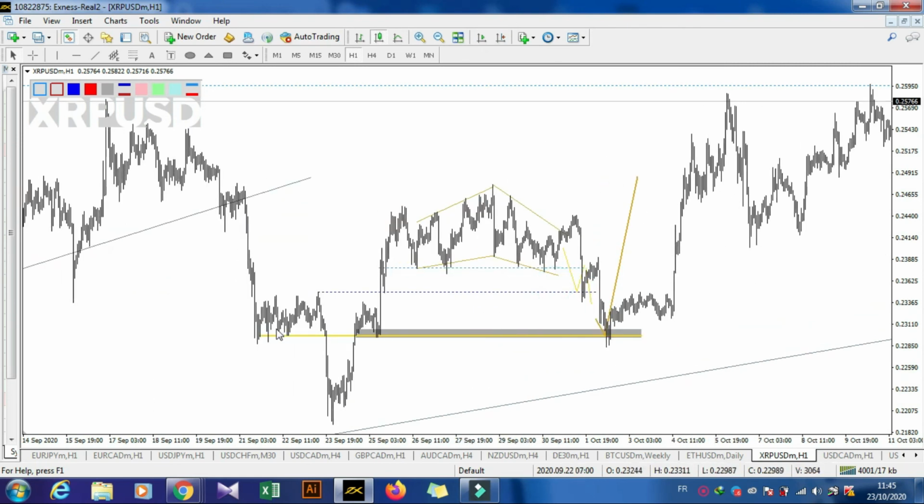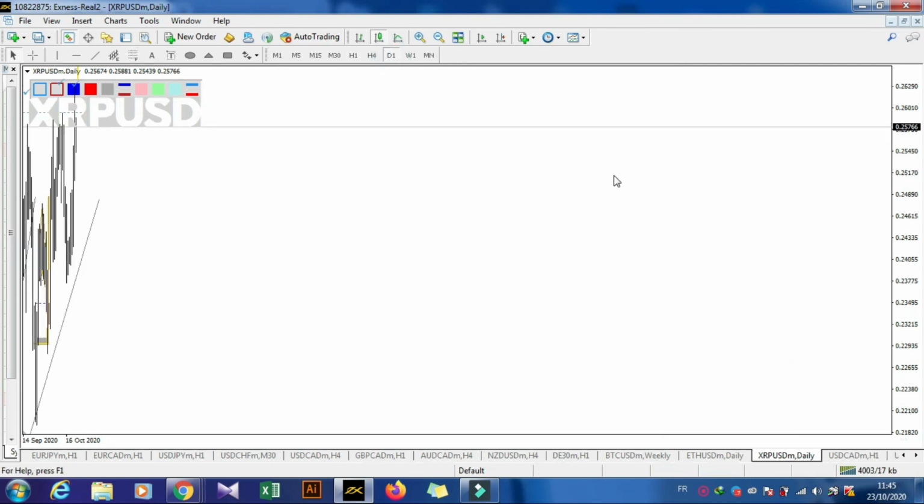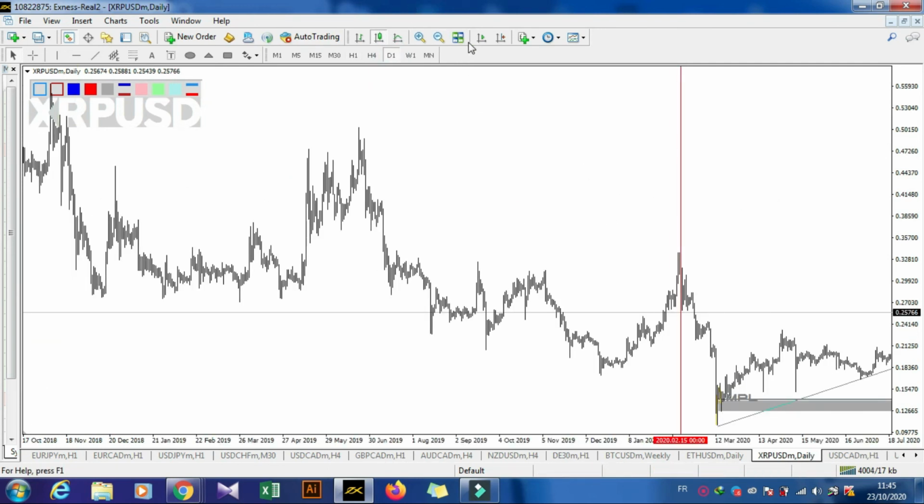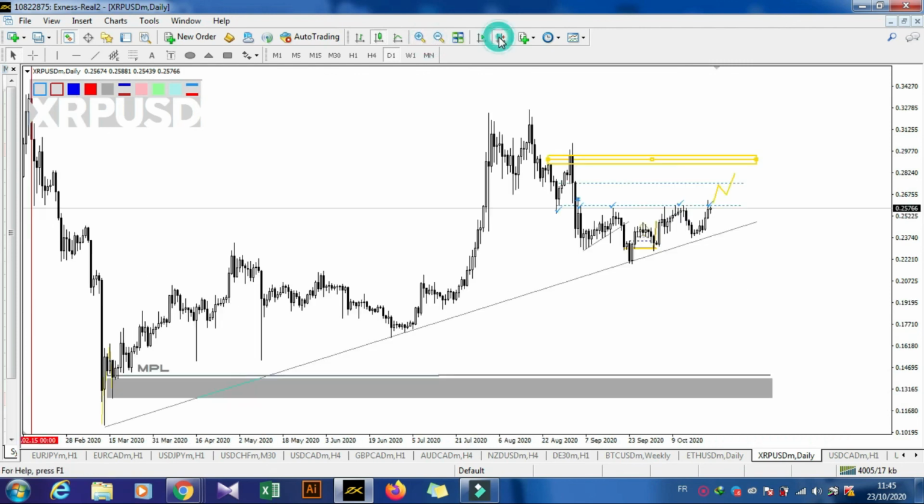This is the analysis that I did, and we have this 100% take profit hit. Now we expect the price in this area, so we can think of going short.